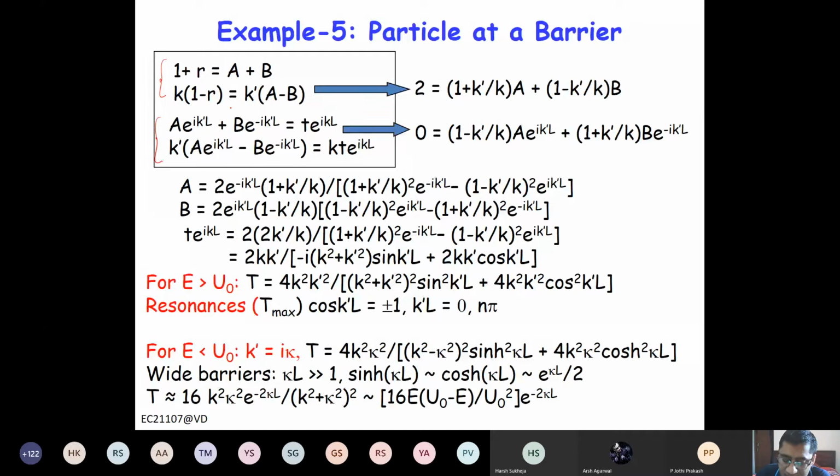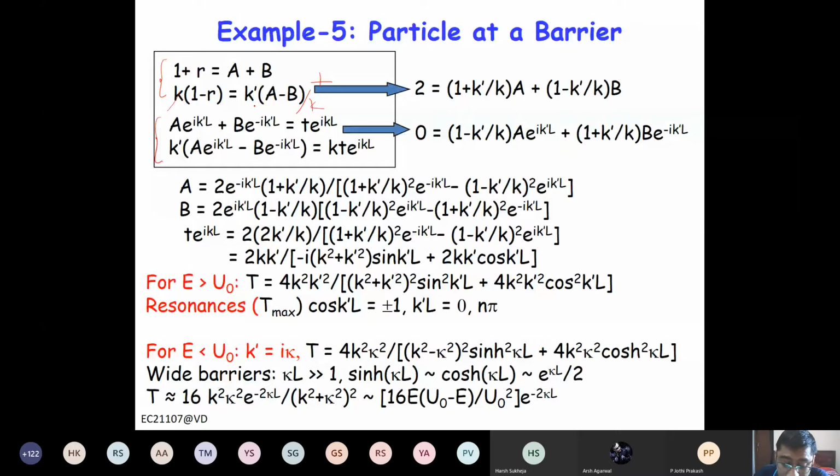From the first two equations, you divide left side and right side by K. You have 1 plus R and 1 minus R. You add these two equations, and you get 2 is equal to (1 plus K prime by K) times A plus (1 minus K prime by K) times B.